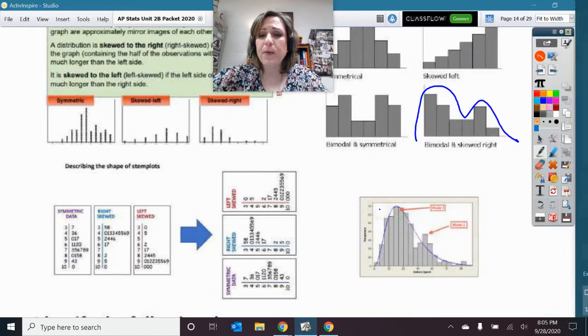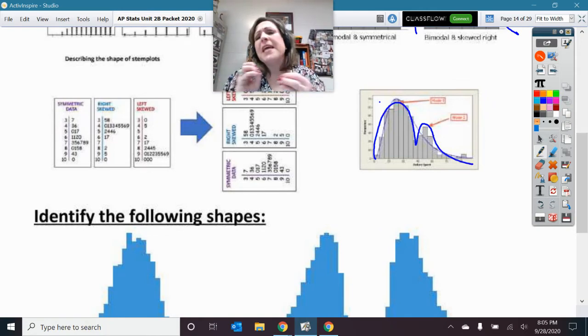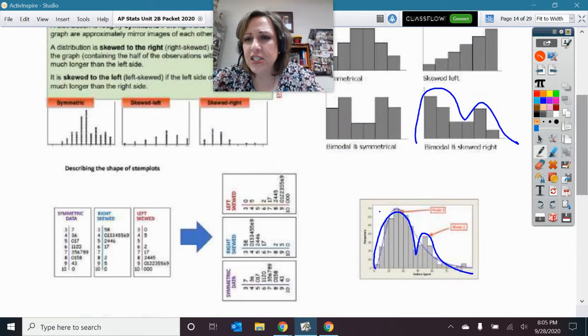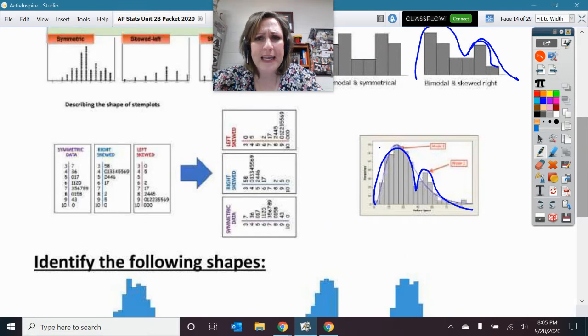This is probably a better representation of a bimodal skewed to the right, because I don't like the one up above, since it looks like just because you have one bar that's up, that's another mode. Not really. A mode is more so happening because it looks like we have two clusters of data.